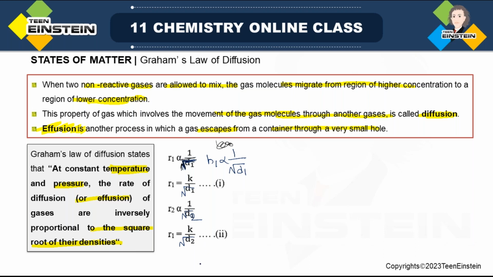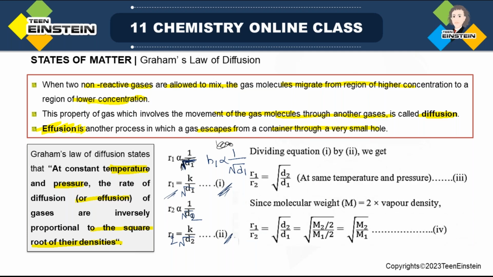Now for both cases, this constant is the same. So this is equation 1, this is equation 2. If you divide equation 1 by 2, in the left hand side it will be R1 by R2, and in the right hand side K and K will be cancelled. So ultimately it is root over D2 first, then D1, because it is inversely related.